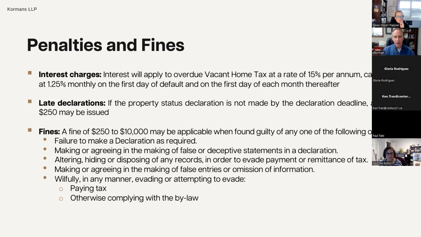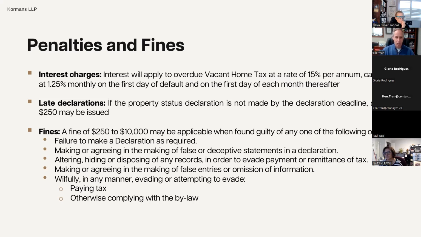And a fine of $250 could be issued, but they have the ability to fine anywhere from $250 to $10,000 if someone's found guilty of an offense for failure to make a declaration.